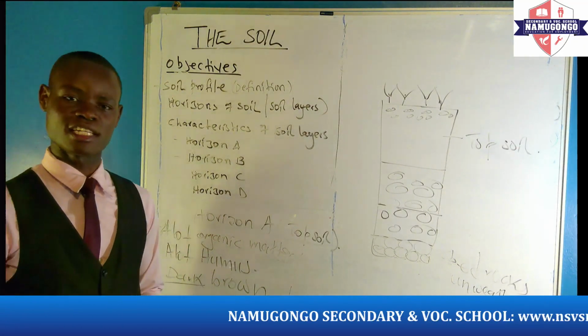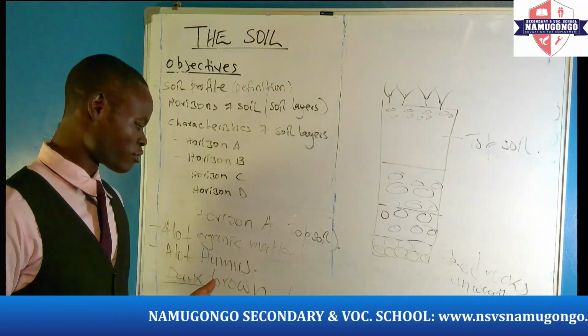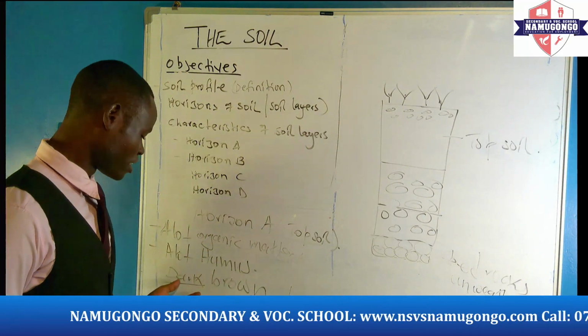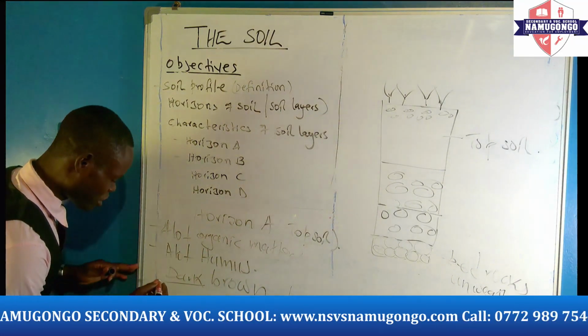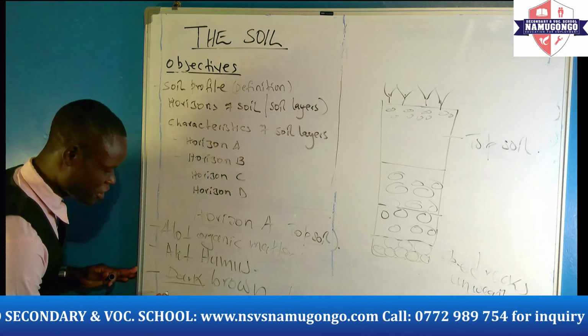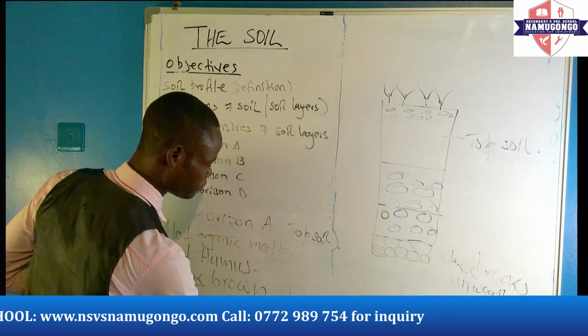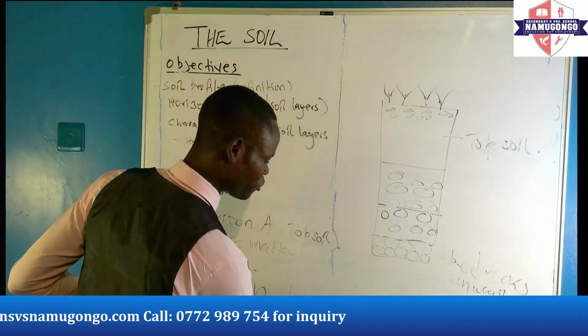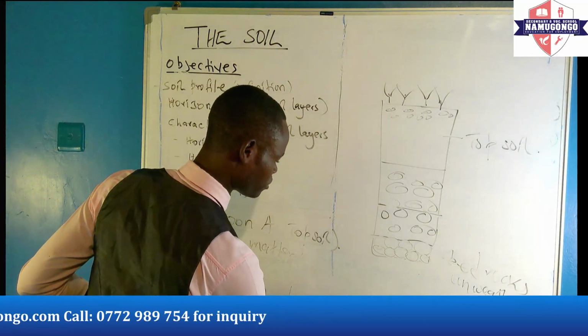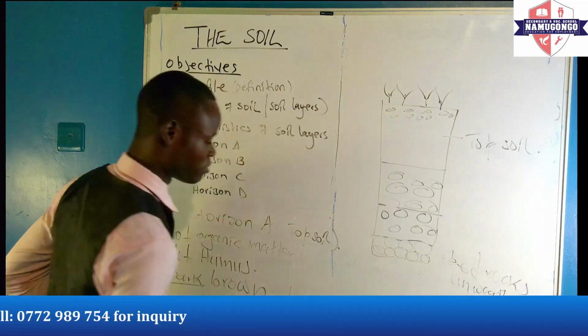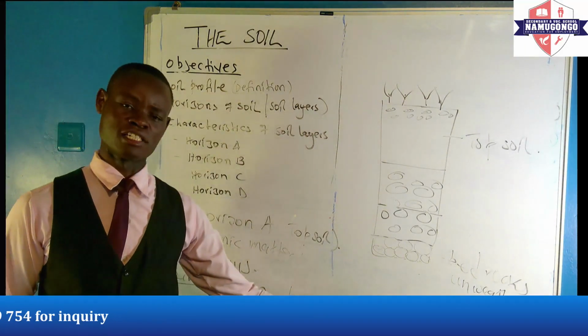For absorbing heat. Why should the soil absorb heat? The heat that the soil absorbs is the one that provides the optimum temperature, which is required for the germination of the seeds.